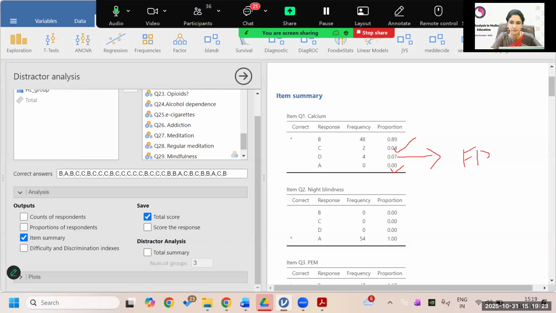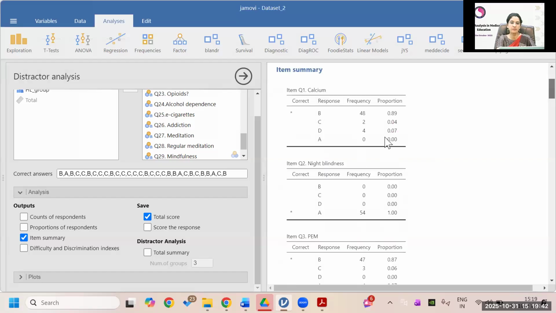Okay. Similarly, tell me who are the functional distractors in case of item number two? Number of functional distractors? Yes, none. Rightly said. Coming to the third one.